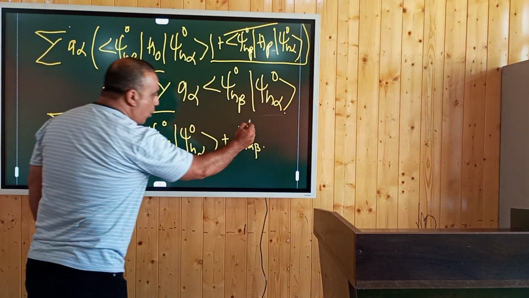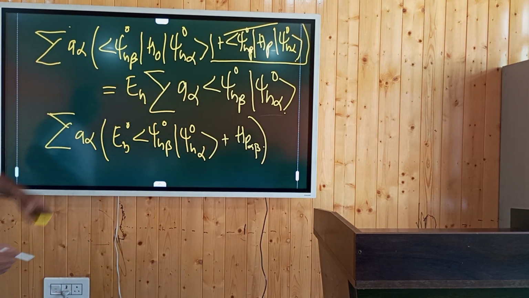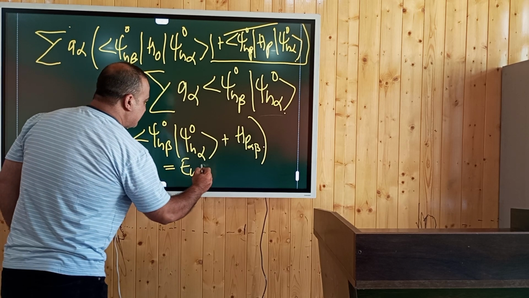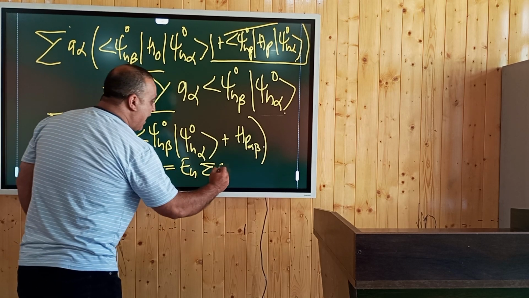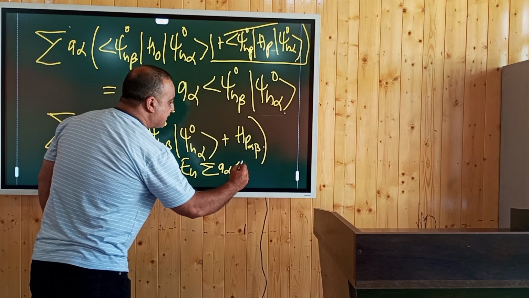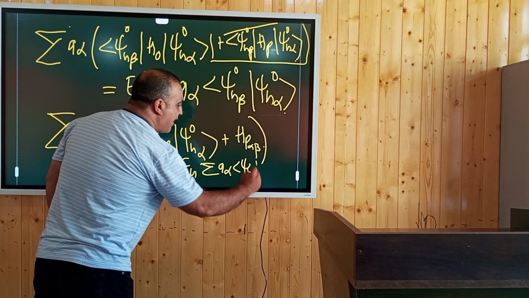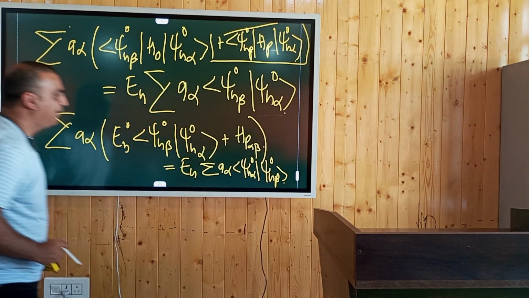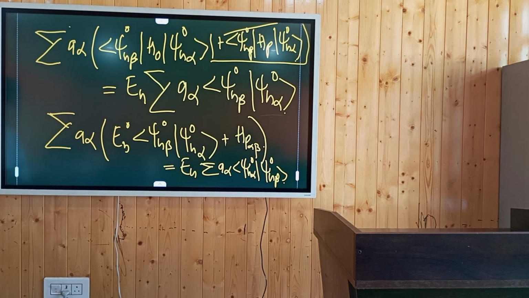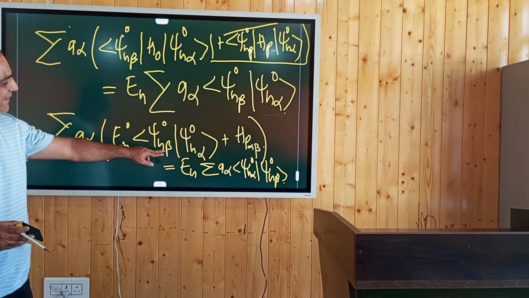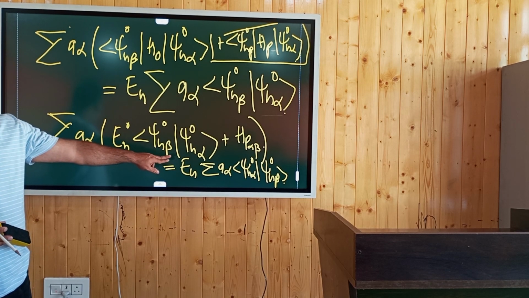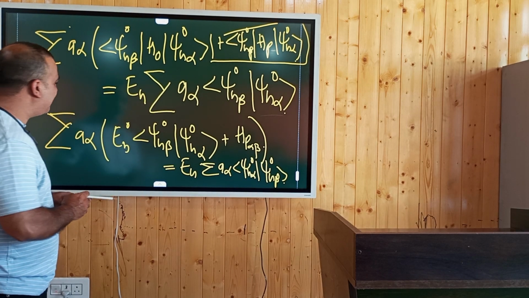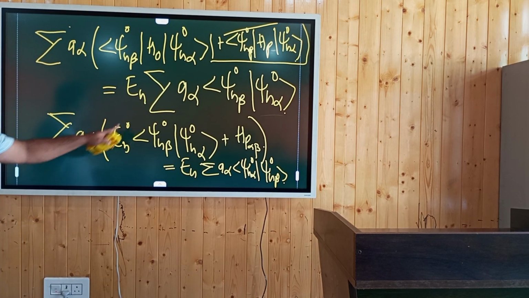Okay, the bracket will close, and in the right-hand side you're left with E_n, the sum of A_α, ψ_β⁰ ψ_α⁰. Clear? Fine? Now, you can see that this thing will exist for α equal to β. So what will you have? You will have the first term as the sum of A_α E_α⁰.